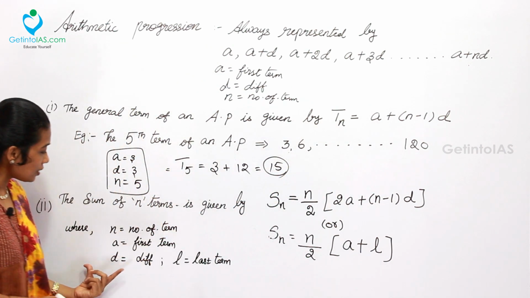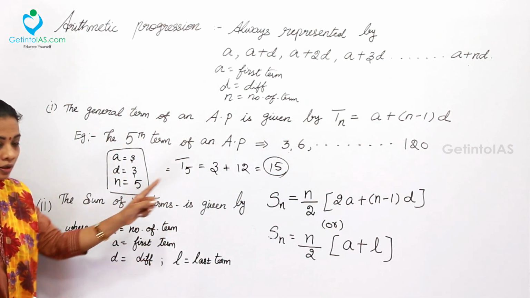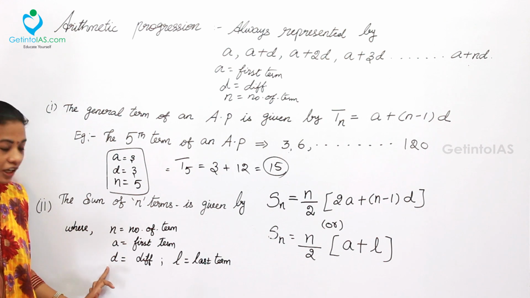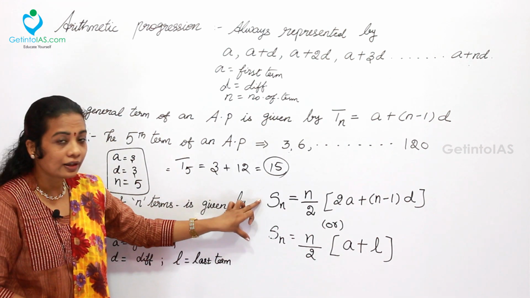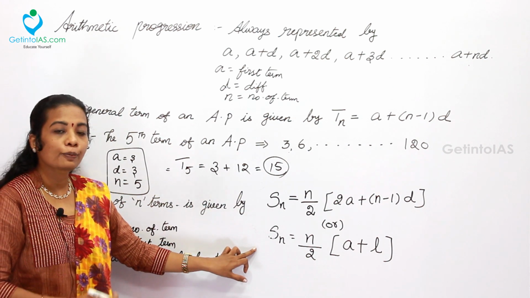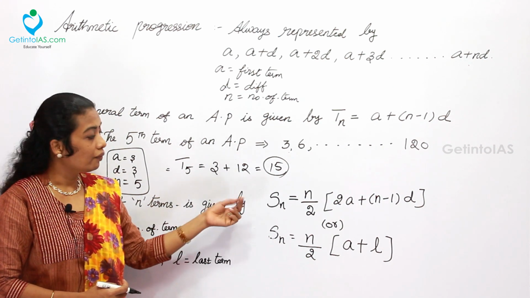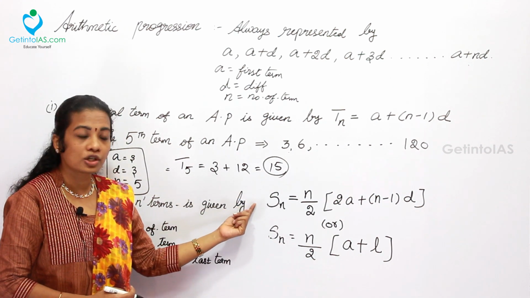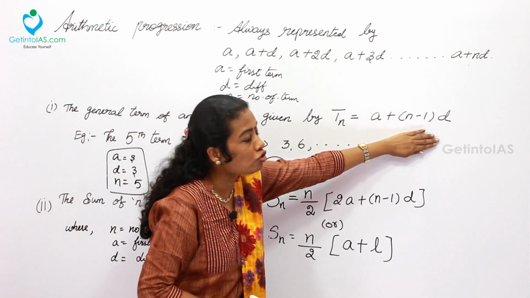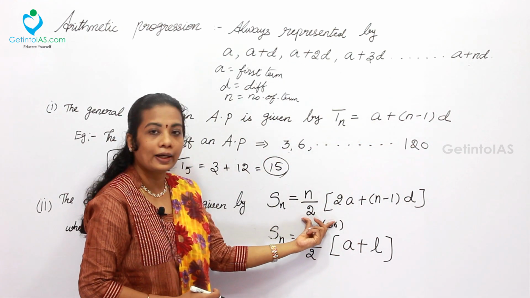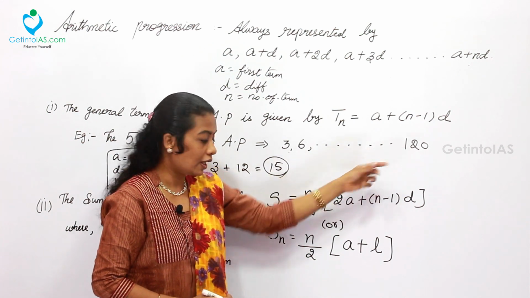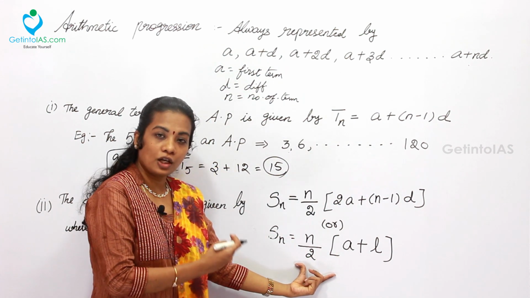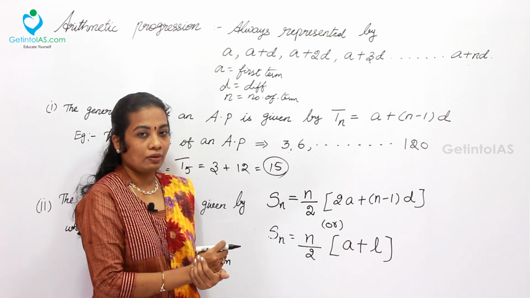For these two formulas, N is the number of terms, A is the first term, D is the difference and L is the last term. You can take either the first formula or the second formula. The first formula can be used when the last term is not given in the question. But if the question carries the last term, you can simply take the second formula to find the summation.